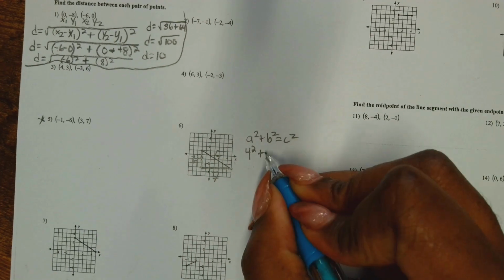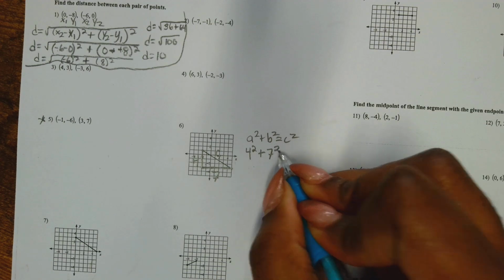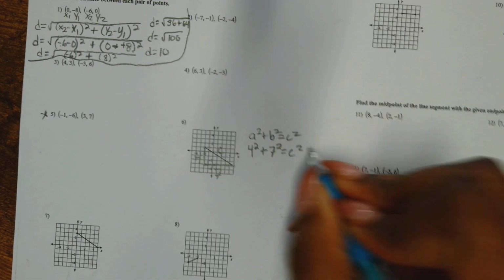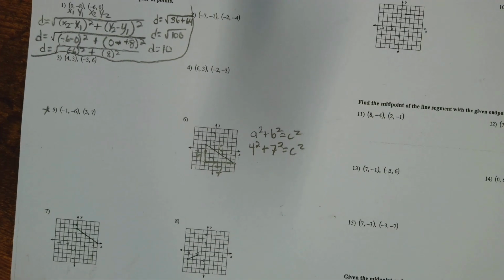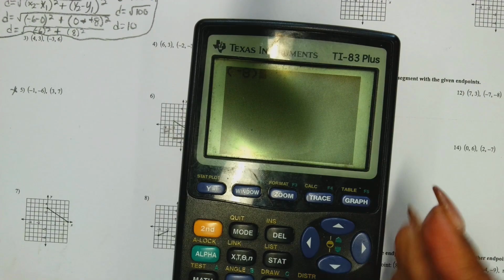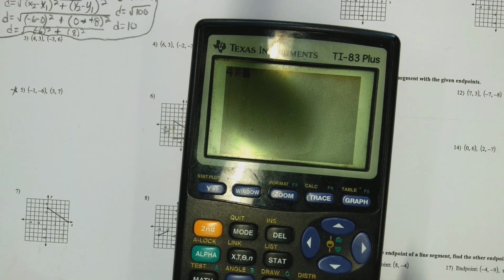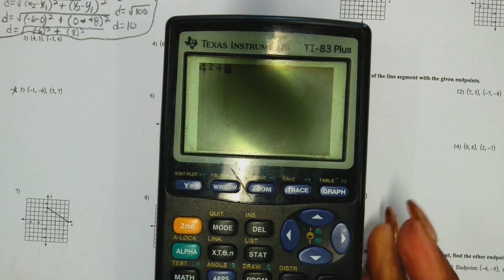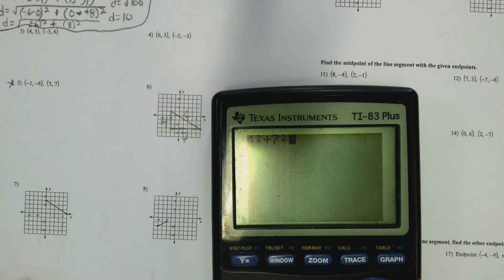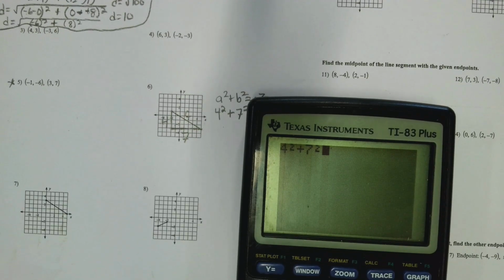B is 7. C we don't know. Okay? So let's solve it. Let's do 4 squared plus 7 squared. What's 4 squared plus 7 squared? 65.